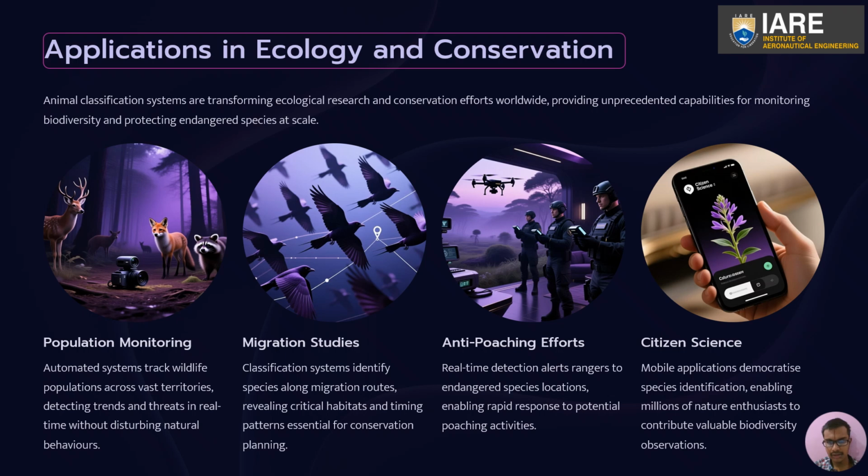Real-time detection alerts rangers to endangered species locations, enabling rapid response to potential poaching activities. Citizen science. Mobile applications democratize species identification, enabling millions of nature enthusiasts to contribute valuable biodiversity observations.